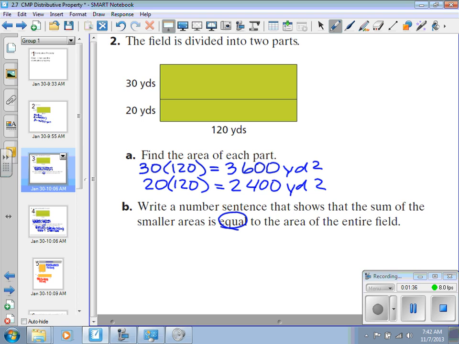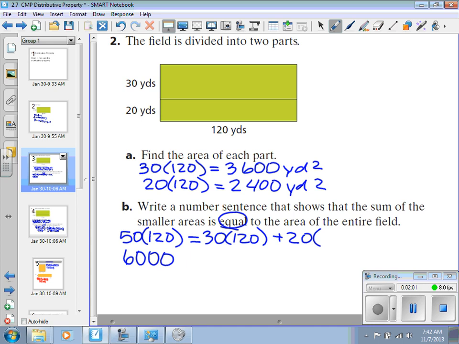We found the entire field on the previous slide. So we take the one from the previous slide where we had 50 times 120, which we found to be equal to 6,000. And we're going to prove that they are equal by taking our 30 times 120 and adding it to our 20 times 120.